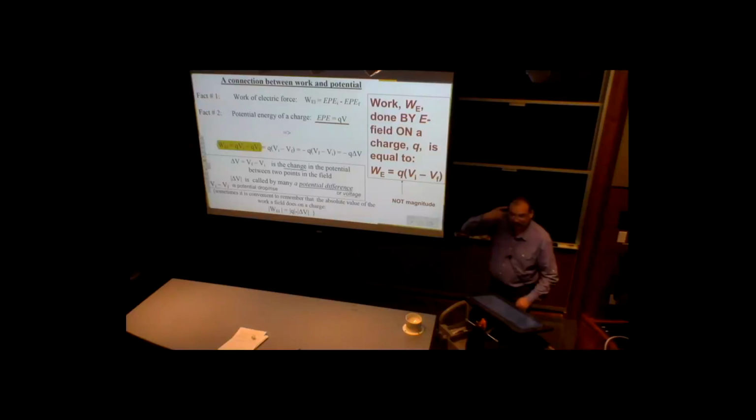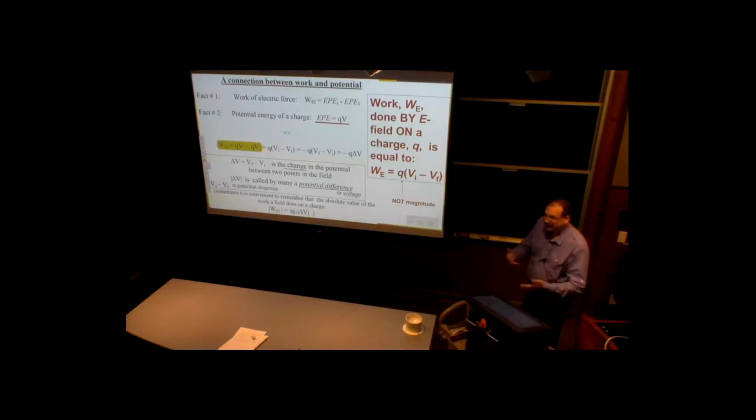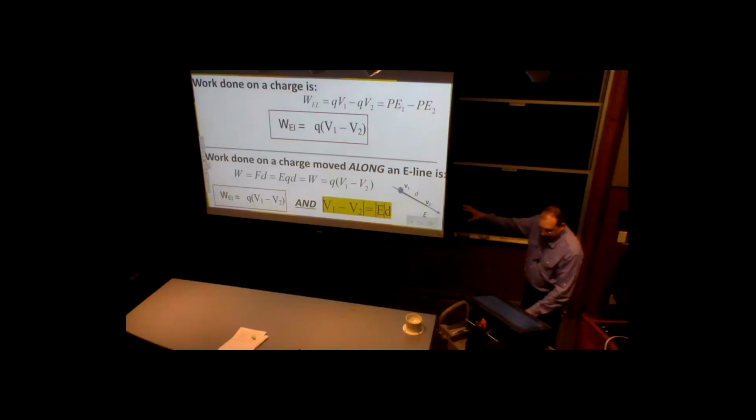And we also remember from the past, potential energy also can be positive, negative, zero. Potential energy over a number means potential, electric potential, which also can be positive, negative, zero. So this product can be positive, negative, zero, anything. It all depends on the specific situation. This is what we need to remember.